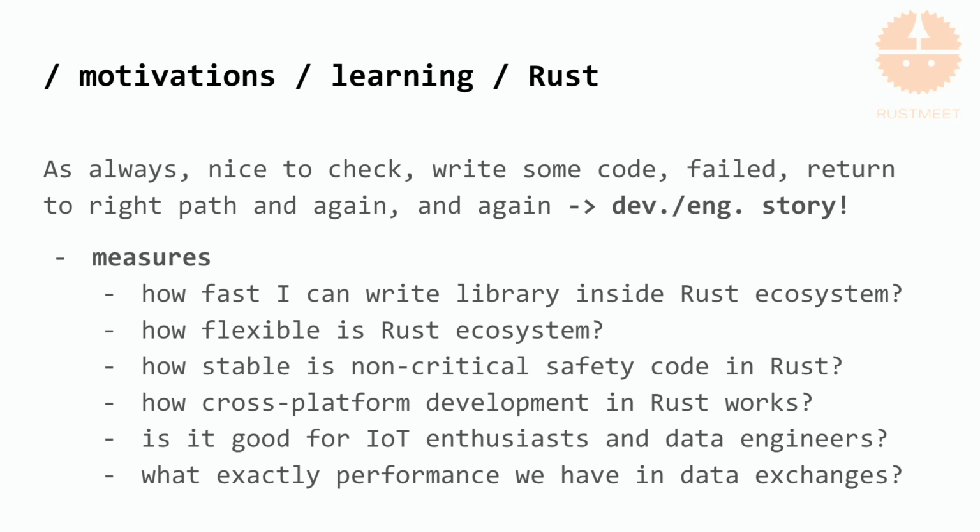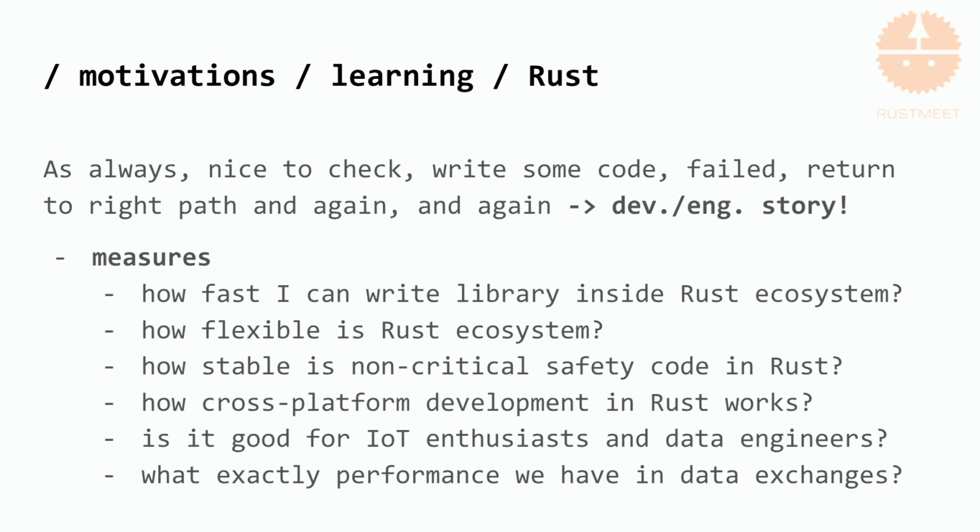Okay, so this talk is about writing some code, failing, testing and running, a typical dev story. But I would like to have measures for my inventions. I started learning Rust almost two years ago, and this IoT protocol is my first learning path.